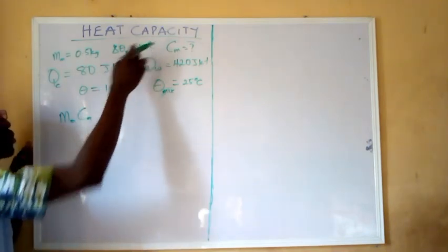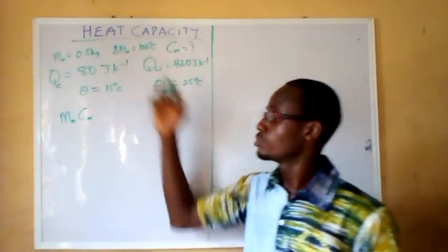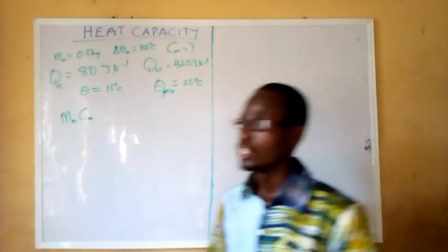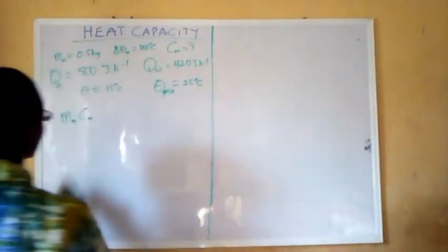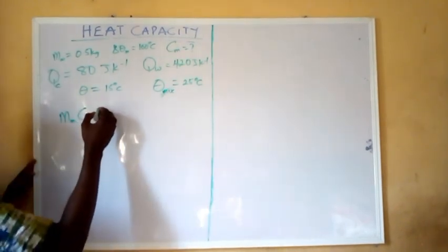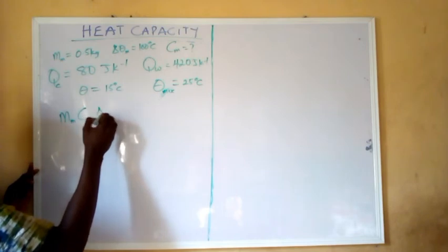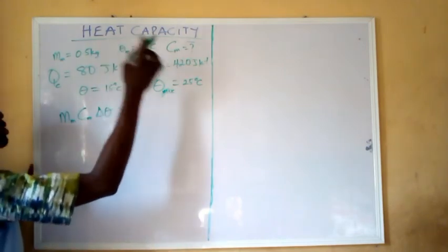The initial temperature of the metal is 100, and after mixing the final temperature is 25.